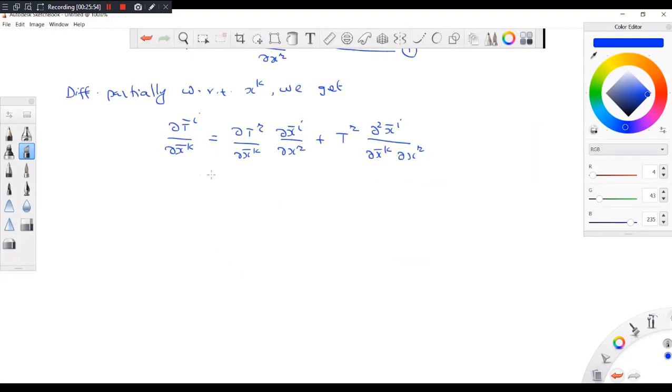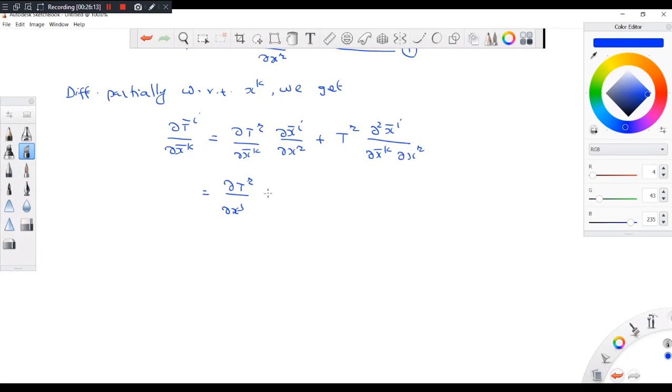Now this is equal to del Tr by del x bar k, so del xs I change to del xs into del xs by del x bar k. Here I used the chain rule.